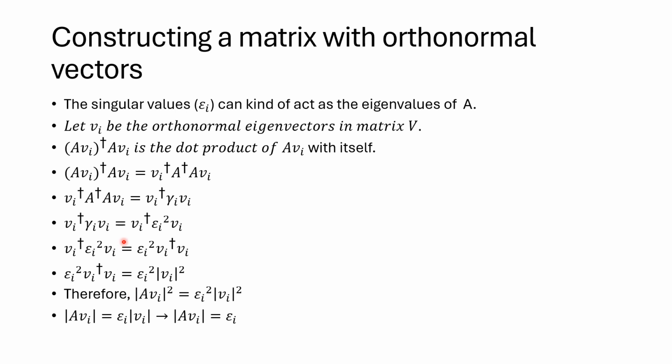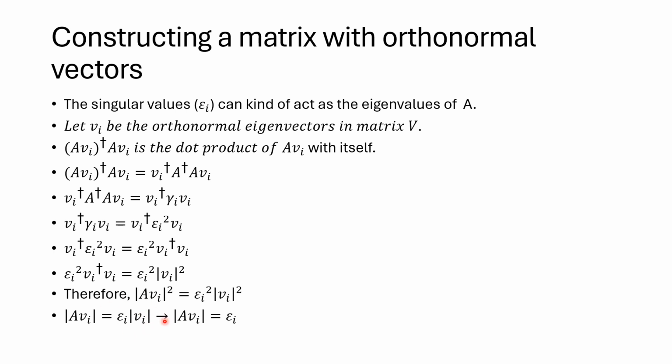So it's not exactly the eigenvector eigenvalue equation, but it kind of resembles that equation. So it's still pretty cool, right? We have a non-square matrix, a rectangular matrix, and we can still find an equation like this, which can be used to easily find out at what value this vector is being scaled.